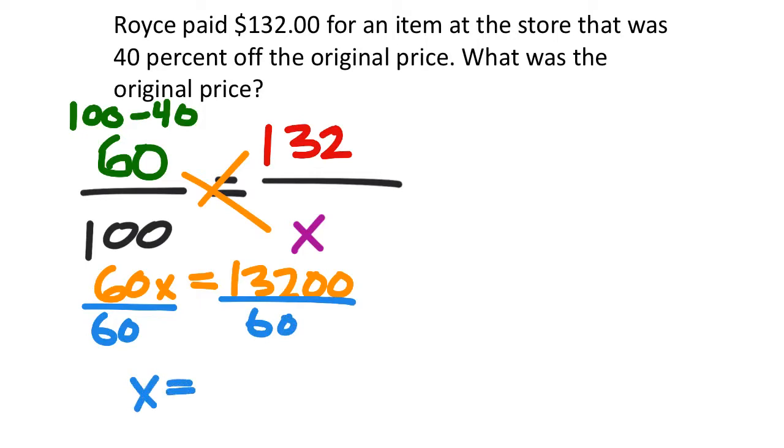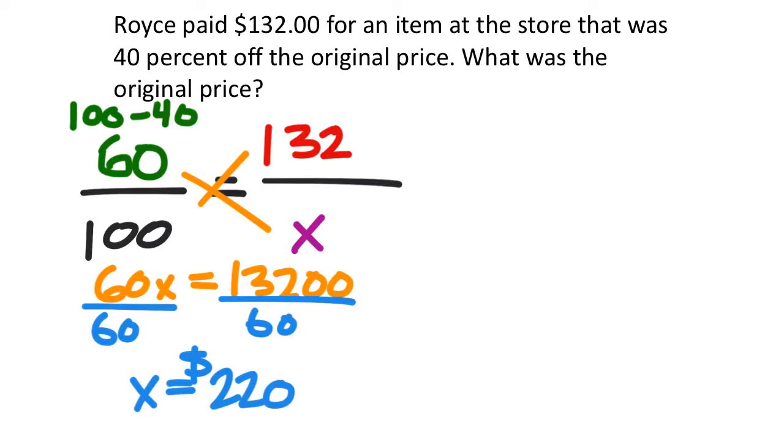So x equals, let's find out, 13,200 divided by 60, bam, 220. So, in other words, the original price of whatever this item is would have been 220 bucks, and 132 bucks would represent 40% off of the original price.